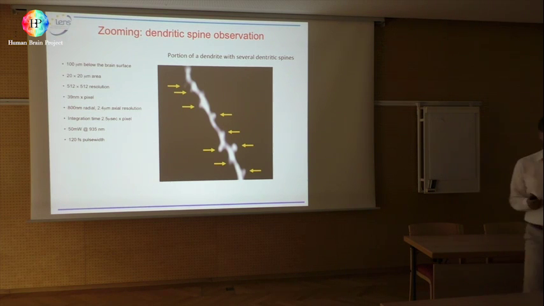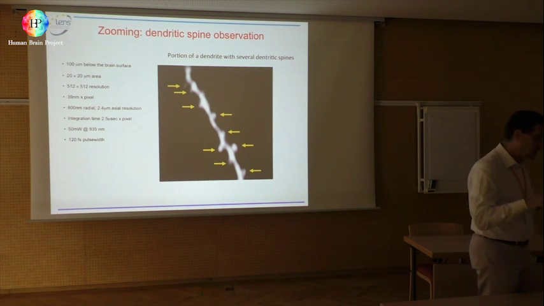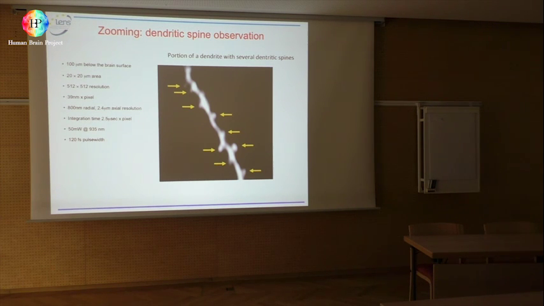Then, of course, you can exploit the capability of the systems of being very high resolution. And you can zoom in vivo in a single spine. Of course, during the operation, the mouse is gently anesthetized in order to avoid any movement.